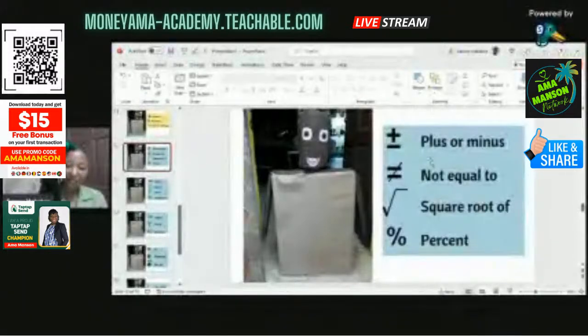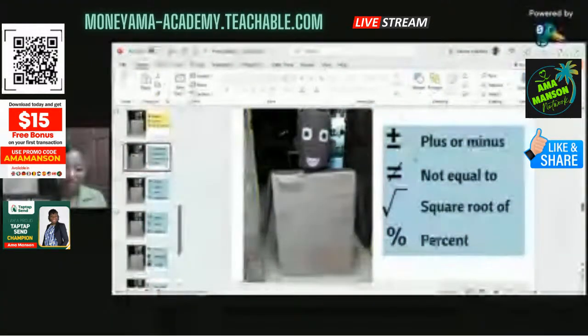Sometimes in math operations, you will see plus, minus together, one above the other, plus or minus. This usually indicates that you are to do both operations separately, so you are to add as well as take away.